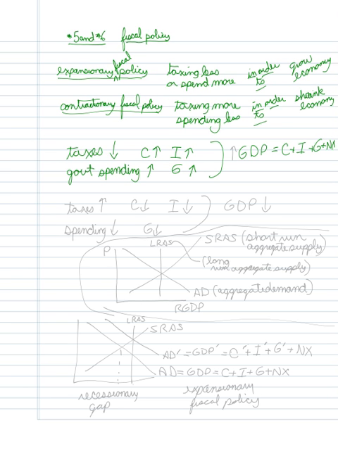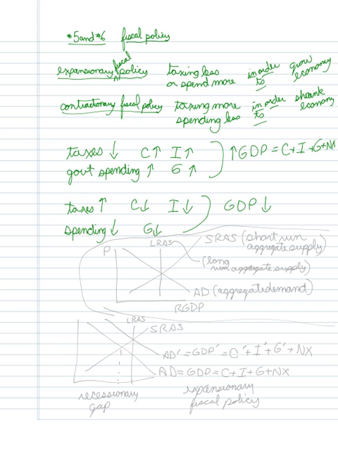On the other side, with contractionary fiscal policy, if taxes go up, then consumption falls and investment falls. And if spending falls, then essentially G is falling, which as part of our GDP would be falling, whereas this one is rising.